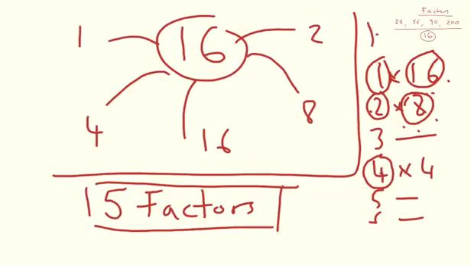First, do this, if you prefer, from 1, 2, 3, 4, 5, 6, 7, 8, 9, 10. 10 minimum. And then find out which numbers times by 1 makes 16, times by 2 makes 16, times by 4 makes 16. Eventually you come across 1, 2, 3, 4, 5 factors. Okay, let's move on.